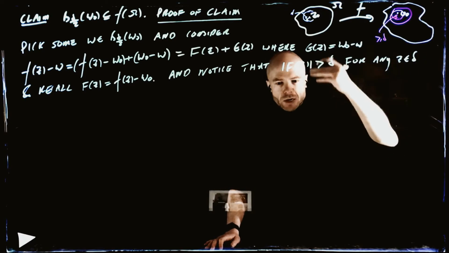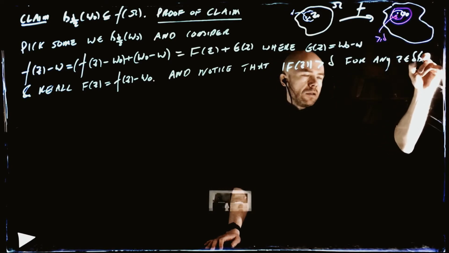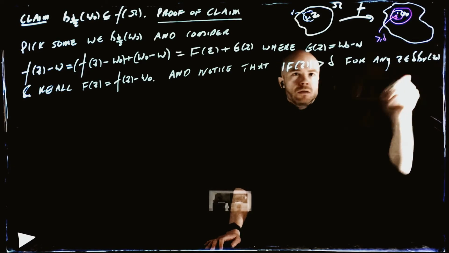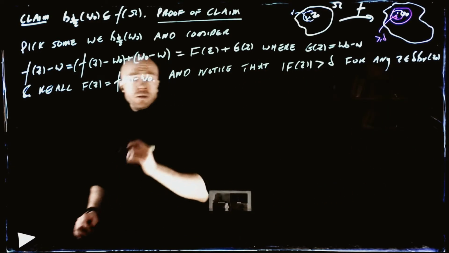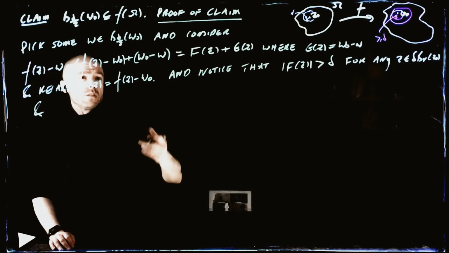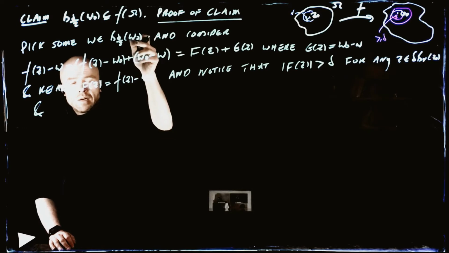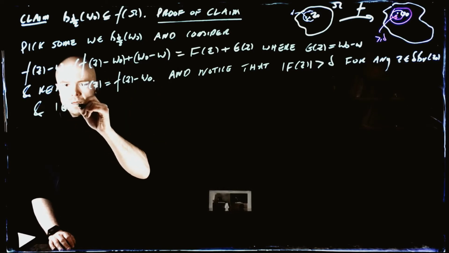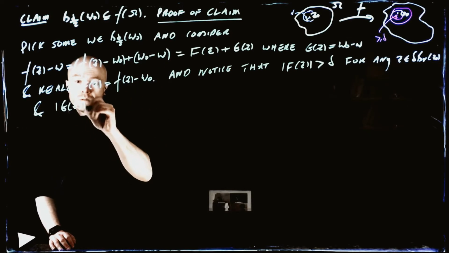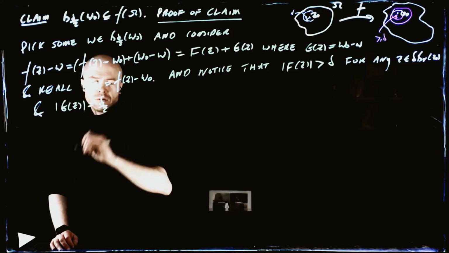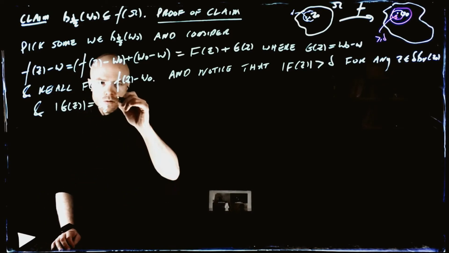This is how we found this delta, right? And by construction, since W is inside the ball of radius delta over 2 around W0, g is just less than delta over 2 for every single z, right?